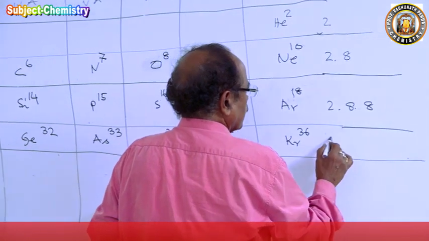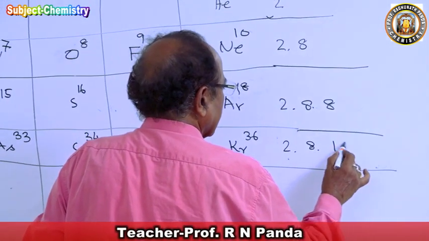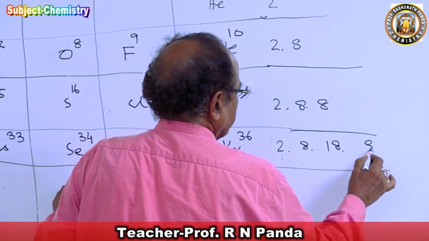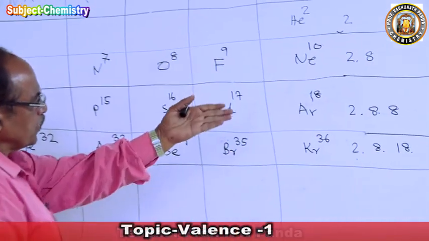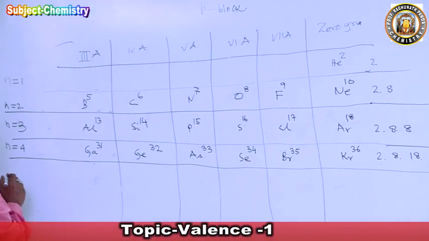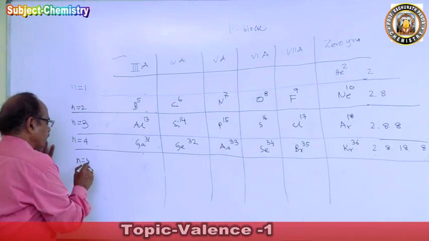With 8 electrons, you have 2, 8, 18, 8. This I have taught you last class. Now coming to n is equal to 5, the fifth period.